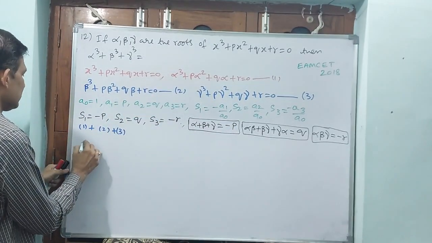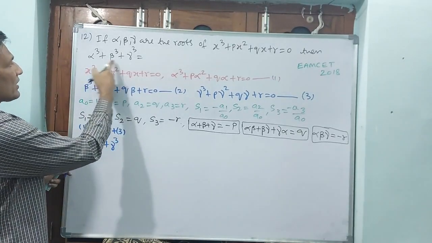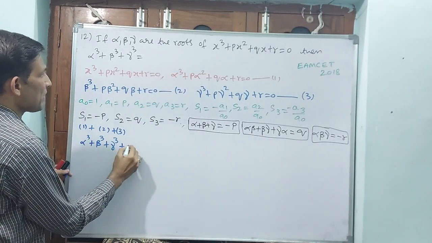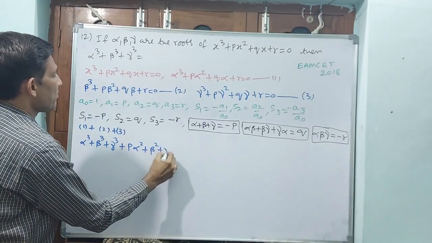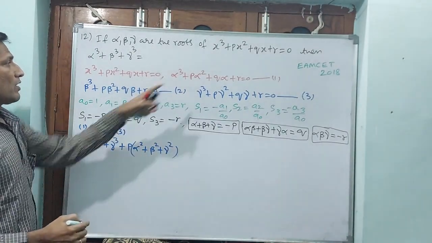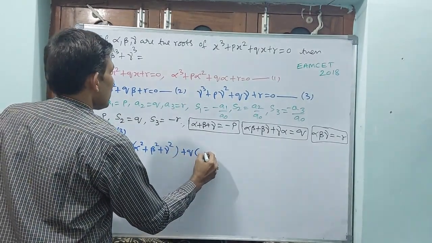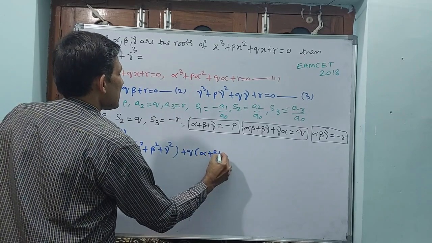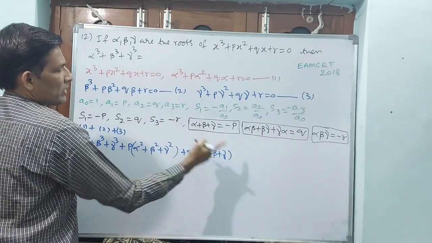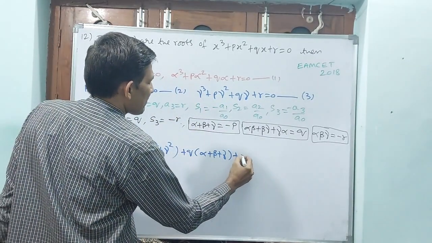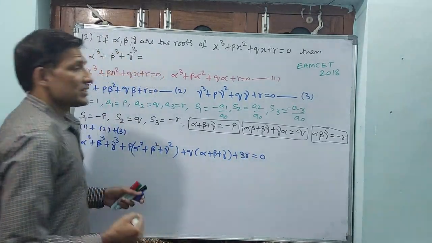Alpha cube plus beta cube plus gamma cube, these are required for you. Remaining, you see: plus p times alpha square plus beta square plus gamma square, plus q times alpha plus beta plus gamma, that is q alpha, q beta, q gamma, plus 3r directly, since r plus r plus r I am not writing, is equal to 0. Is it correct? Definitely correct.